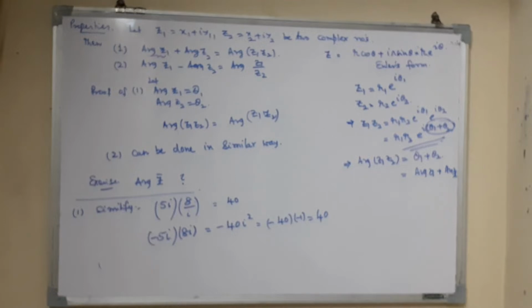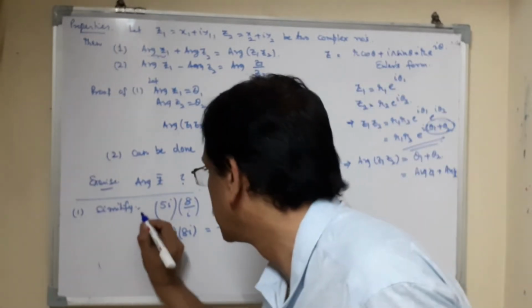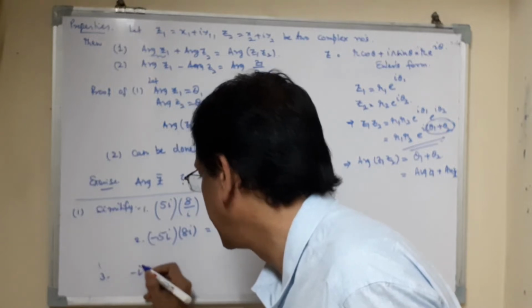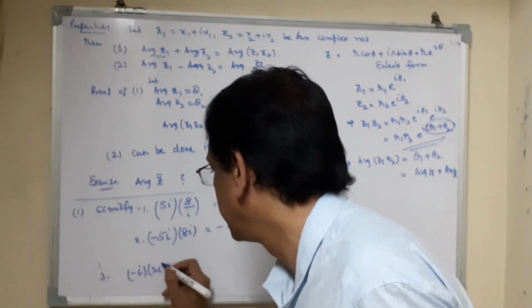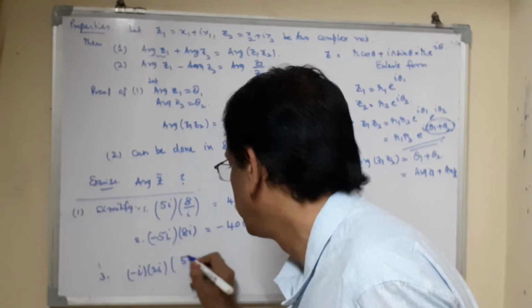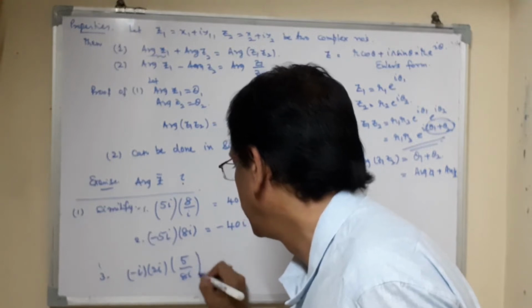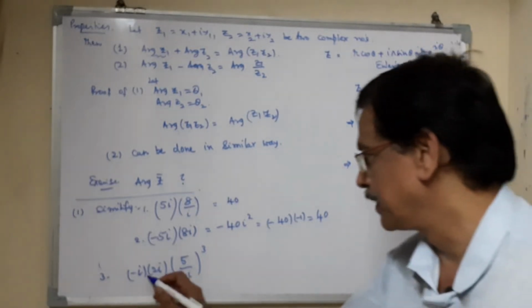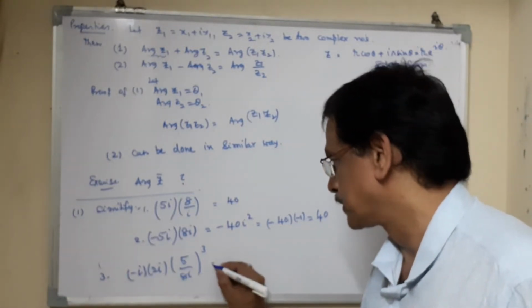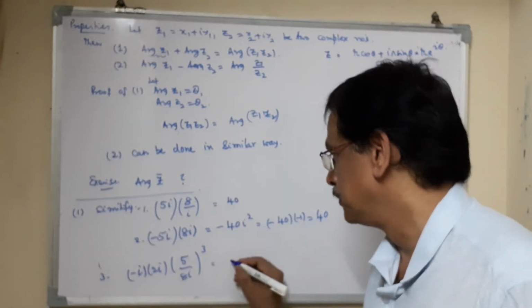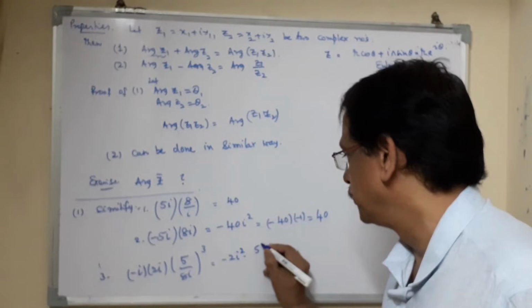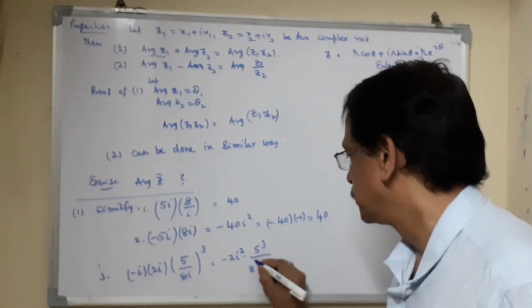And what about minus i? This is minus 2i into 5 by 8i whole cube. It's a matter of simplification only. So this will be, if you write the product, minus 2 i square, 5 cube by 8 cube into i cube.